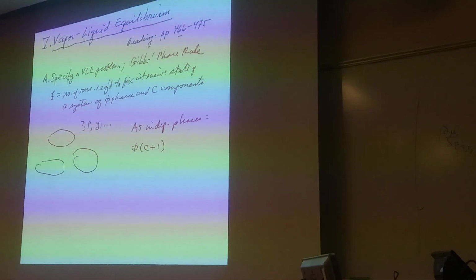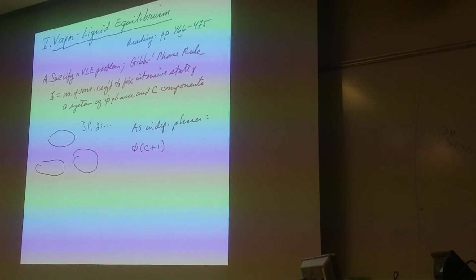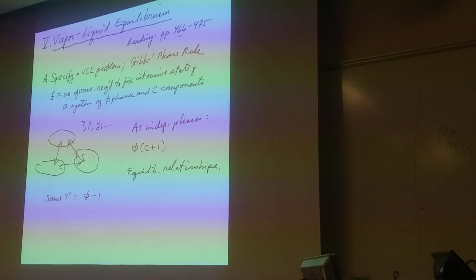But these phases are presumed to be in mutual equilibrium. So we have a number of equilibrium relationships. And we can start to count them. They all have to be at the same temperature to be in thermal equilibrium, and that's going to be P minus 1 equations.